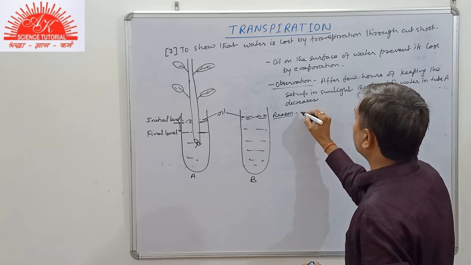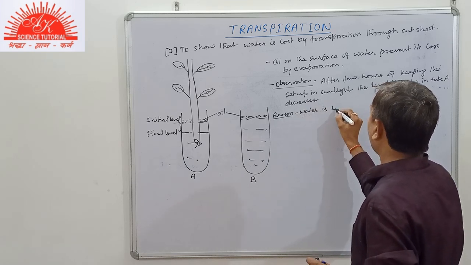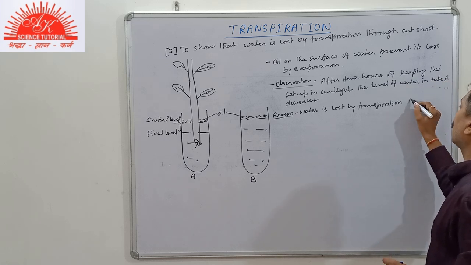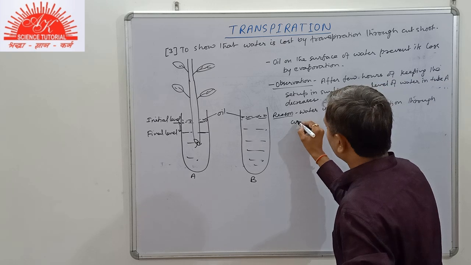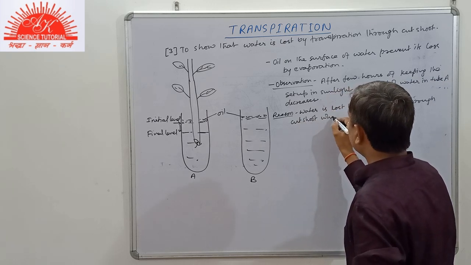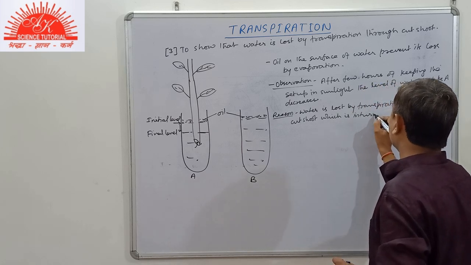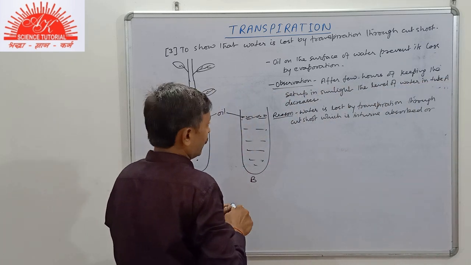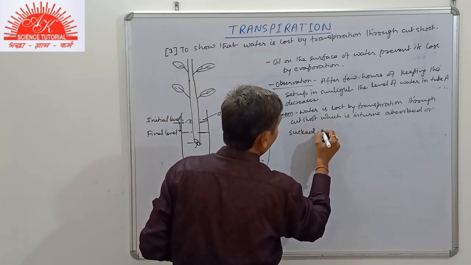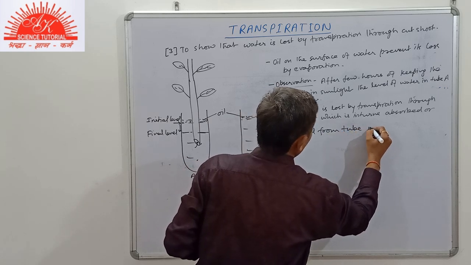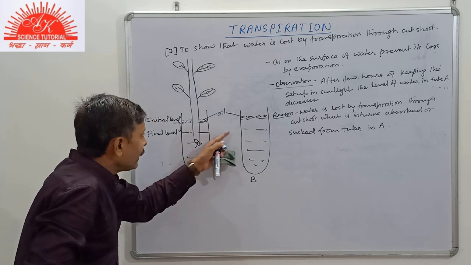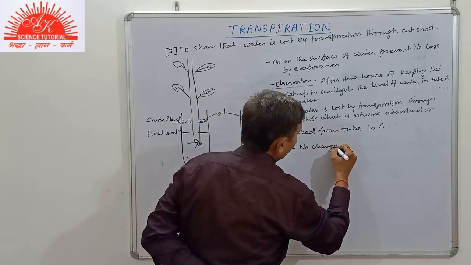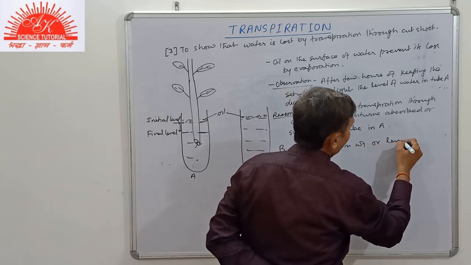So we can say here, that is, the water is lost by transpiration through cut shoot, which is in turn absorbed, or we can write here absorbed or sucked from tube A. But in case B, there is no change in level, no change in weight or level of water.